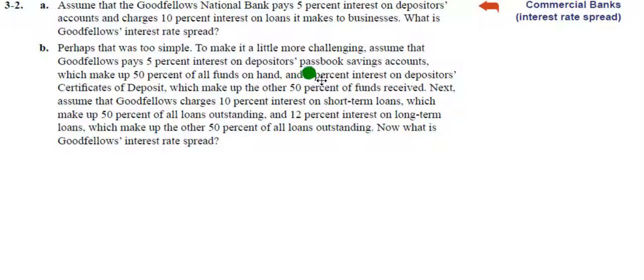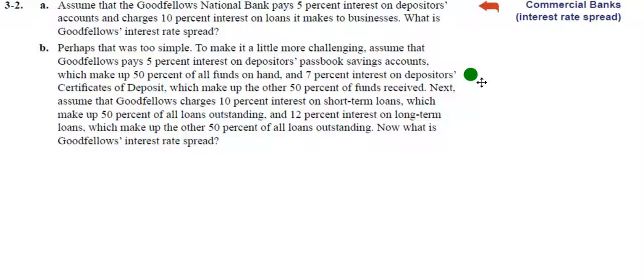One is passbook savings, and the bank is paying 5% to depositors who put their money in savings accounts, and that's half of the money. Right here, it makes up 50% of all funds on hand, and the other half is going to be certificates of deposit, or CDs, and they're paying a little higher interest rate, 7% on that.